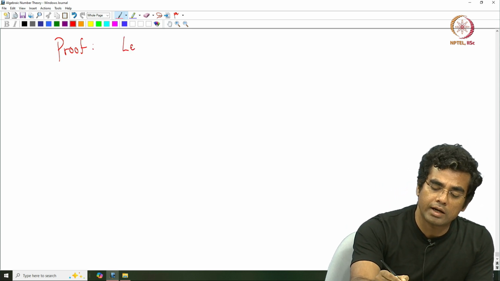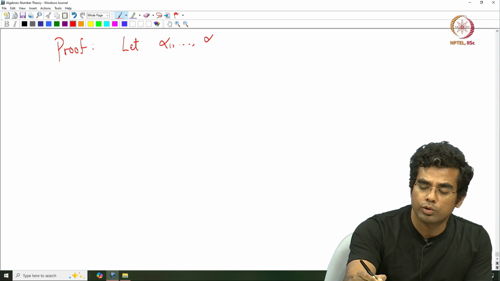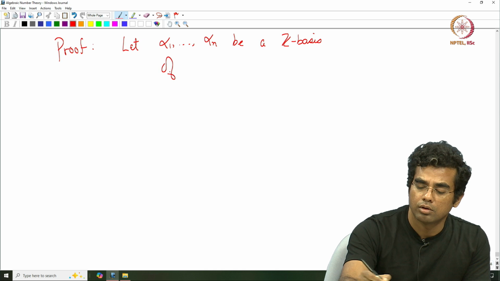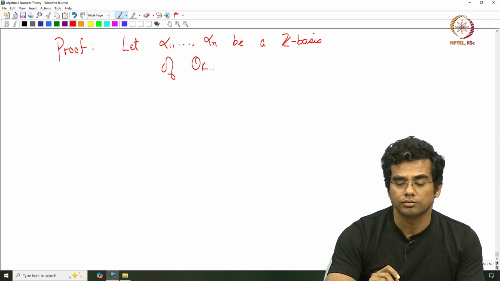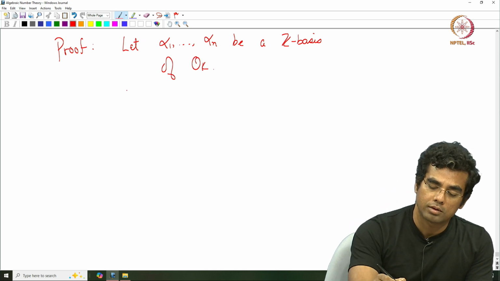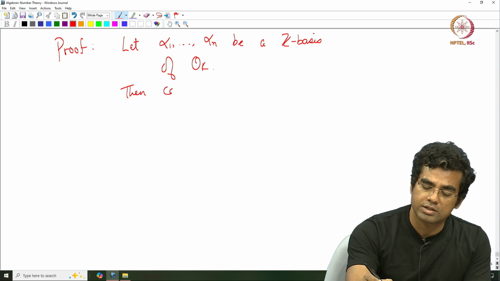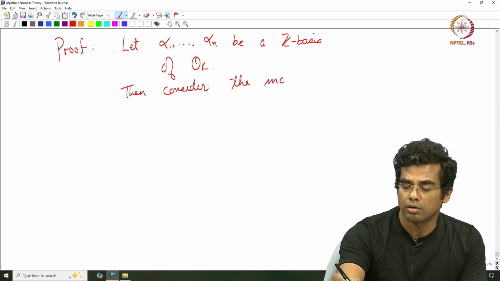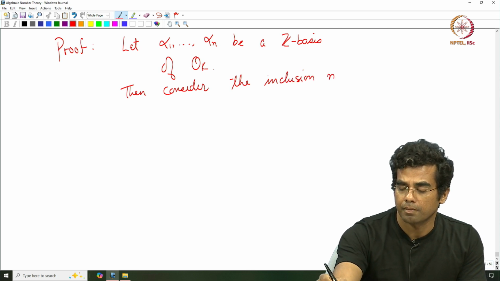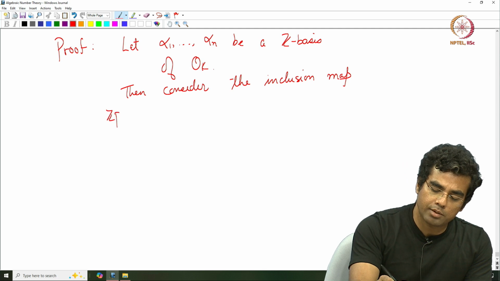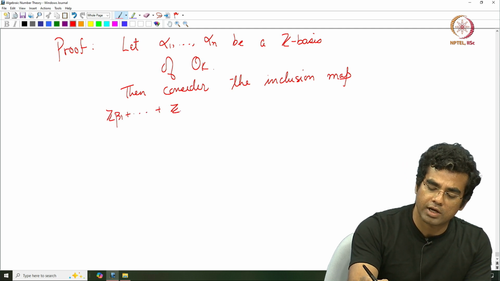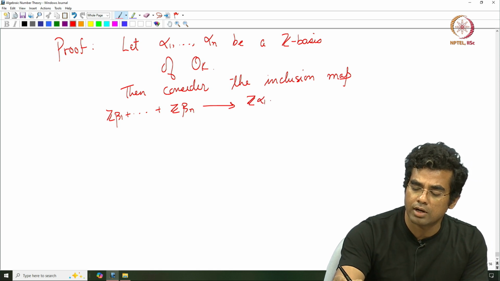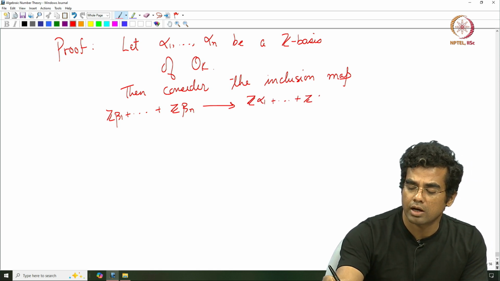So, what you do is you let alpha 1 up to alpha n be a Z basis of O_K. Then consider the inclusion map: Z beta 1 and so on up to Z beta n is contained in Z alpha 1, so on up to Z alpha n.